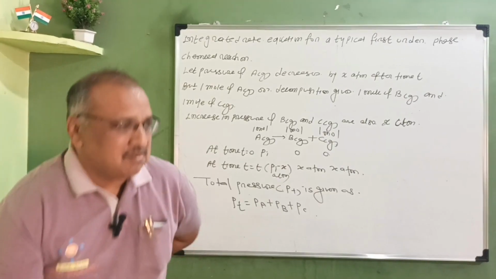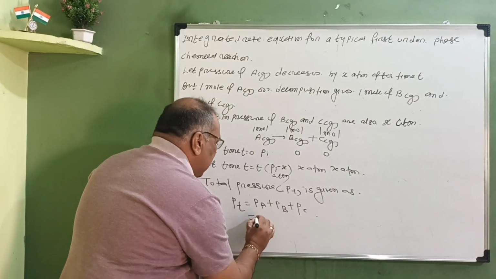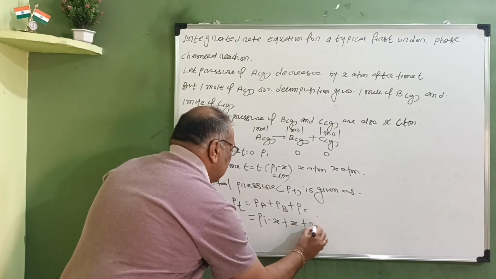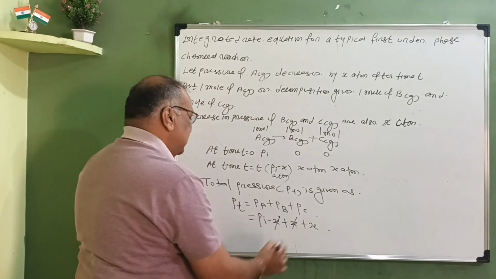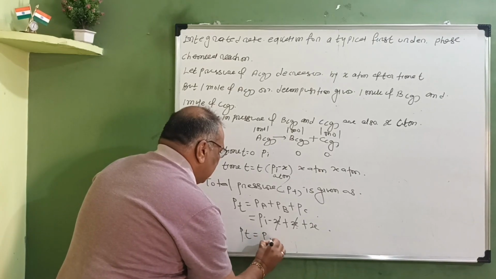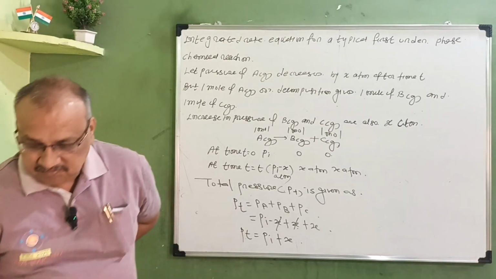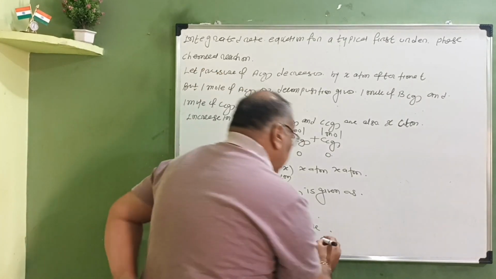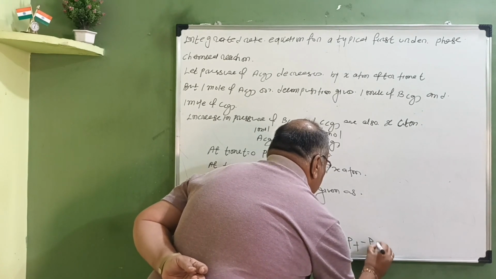Now substitute the value here from the table. That is Pi minus x plus x plus x. Here x gets cancelled. That is PT is equal to Pi plus x, and hence x is equal to PT minus Pi.